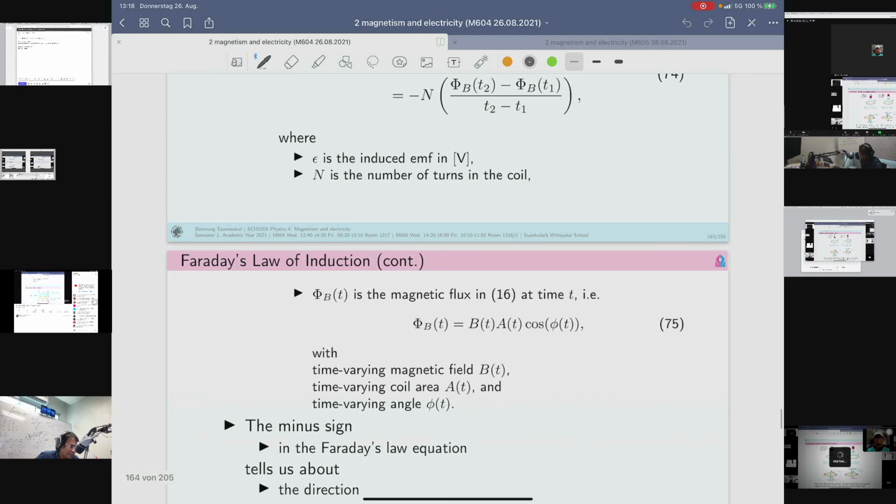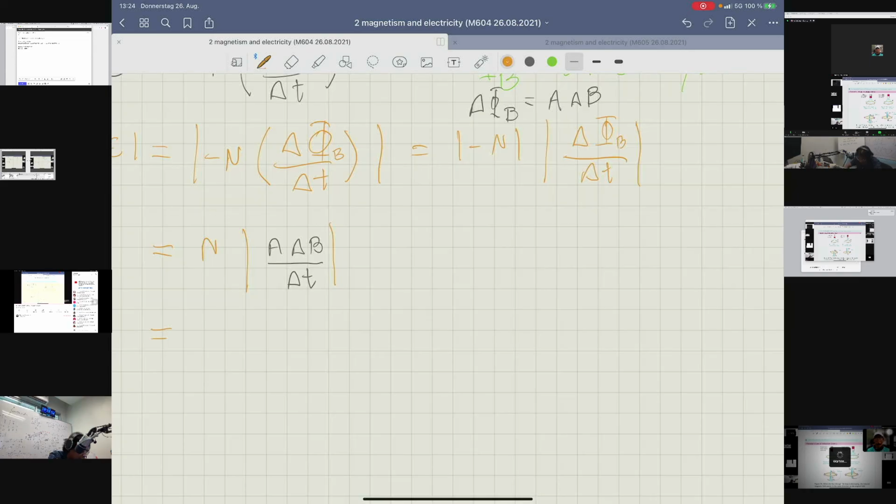Usually the area is positive, so we can move it out of the absolute symbol. So we would have right now N and A, and what we get here is delta B by delta t.